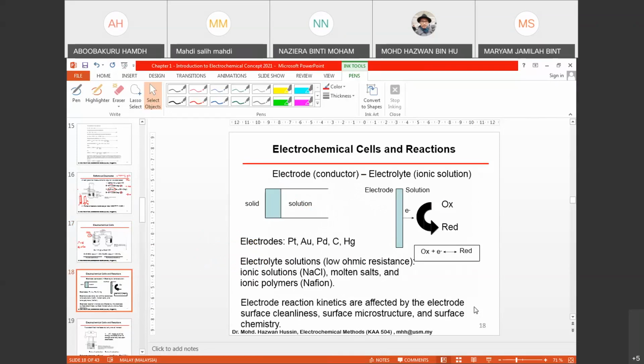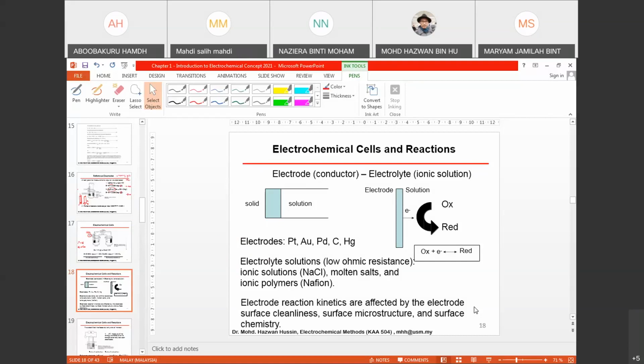So this is just other things related to electrochemical cells and reactions. Of course, the electrode can be noted as a conductor, and the electrolyte is an ionic solution. As I mentioned, it will be an aqueous solution where the water normally dissolves the salts and it becomes an ionic solution. It becomes a conducting solution used as an electrolyte.